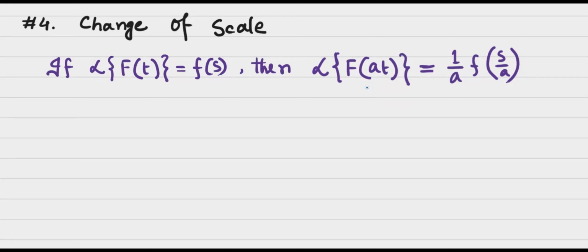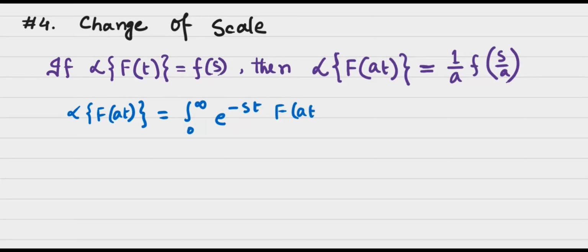So the proof is very simple. What we do is we take L of f of at, and as before and as always we substitute it into the definition. So we have e to the power negative st f of at dt. And just like the previous one, what we do is we define a new variable, which is u, and we say u is equal to at, and so therefore t is going to be u divided by a.